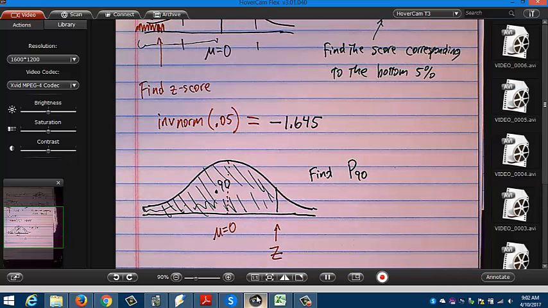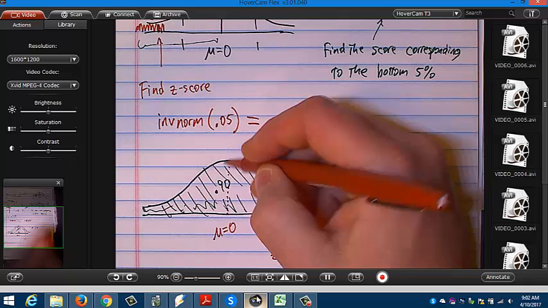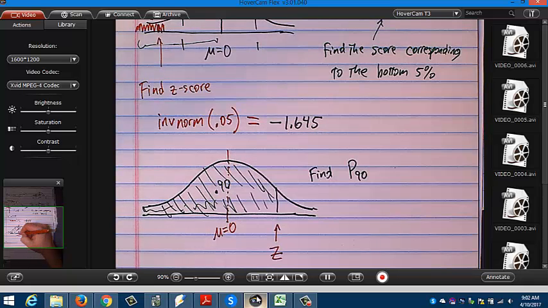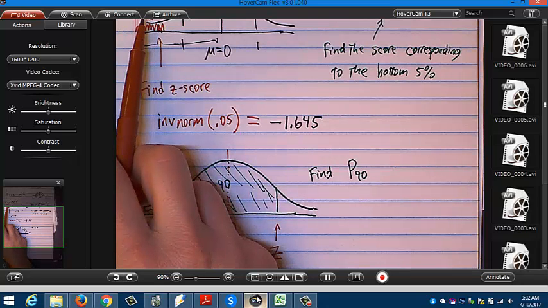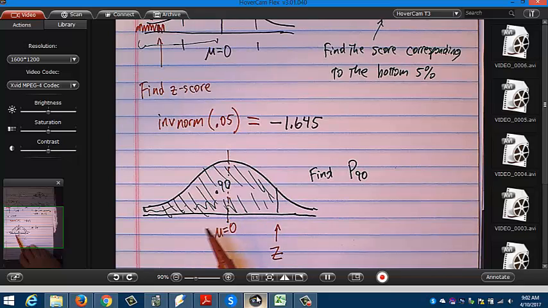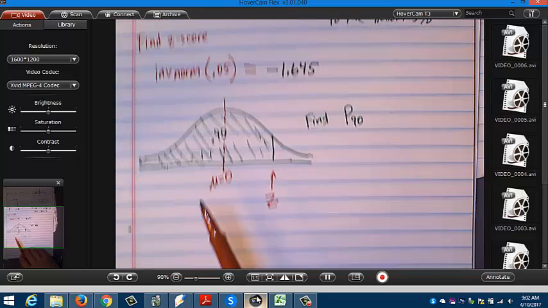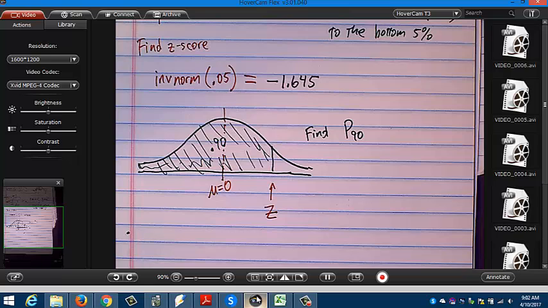Do you see why I think that z-value has to be positive? Because it's to the right of the mean, and the mean is 0. So last time, when we had 5%, then the z-score was negative something. But this time, the z-score must be positive. Now, see if you could figure out what it is. Use the calculator and figure out what that z-score is. I'll pause for just a second.